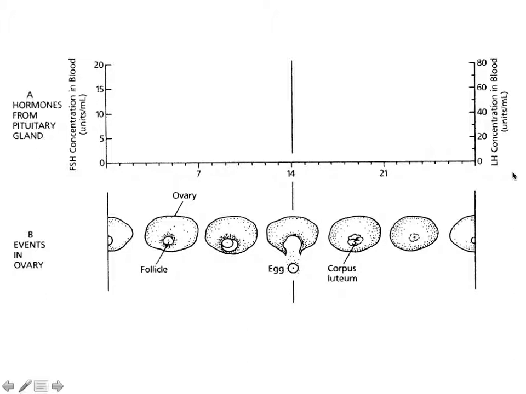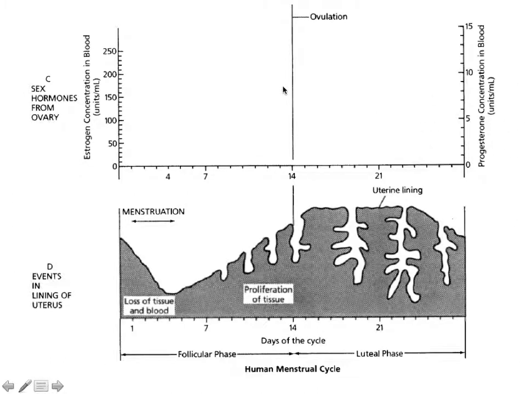When you reach the part of the directions where you start plotting LH, please make sure that you are using the right-hand scale to plot that. And when you get down to progesterone, use the right-hand scale to plot that. The scales are different, and if you try to plot the progesterone information using the estrogen scale, it's not going to work.